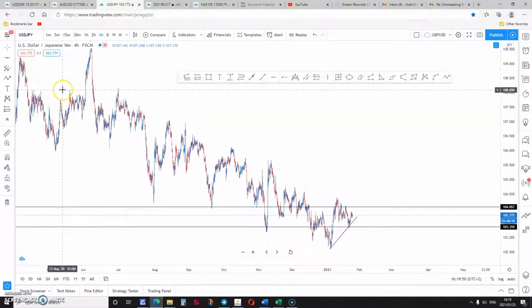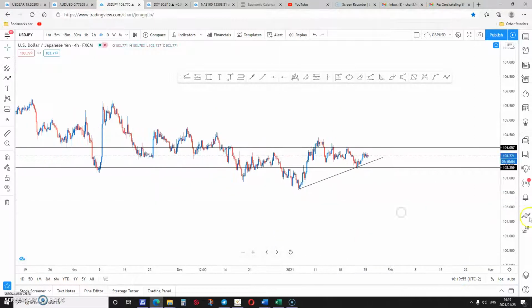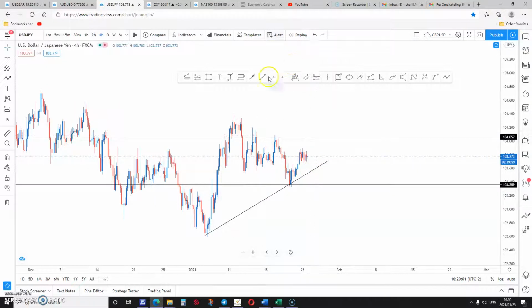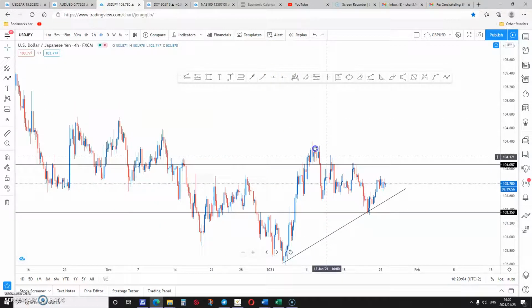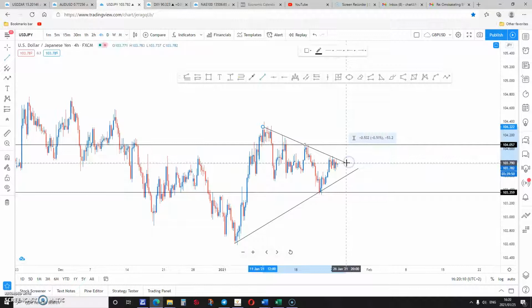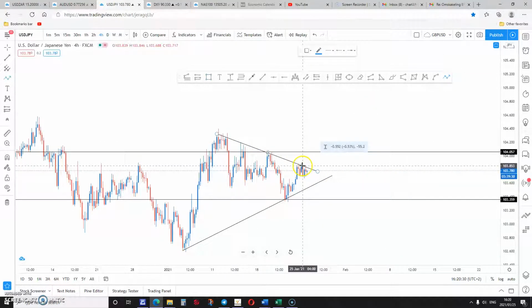Here we can see that USD JPY was a downtrend. A bit of a push up, a bit of a pullback. So if on the 4 hour it breaks out of this structure here, there's a few ways to trade this structure, but if that breaks out there, we will probably see a breakout.